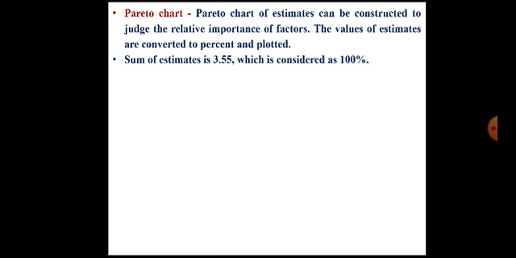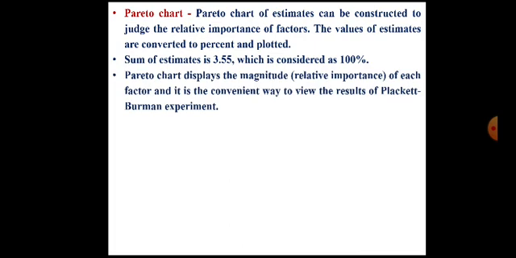If 3.55 corresponds to 100%, then for cottonseed flour 1.55 corresponds to how much percent, and likewise the percentage values for other factors are calculated. The Pareto chart displays the magnitude, meaning the relative importance of each factor, and it is a convenient way to view the results of Plackett and Burman's design.